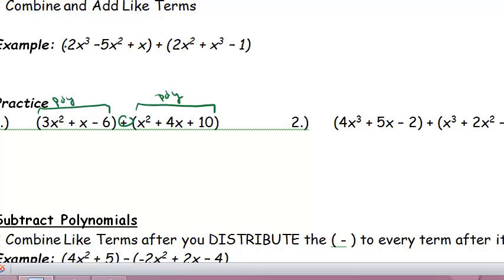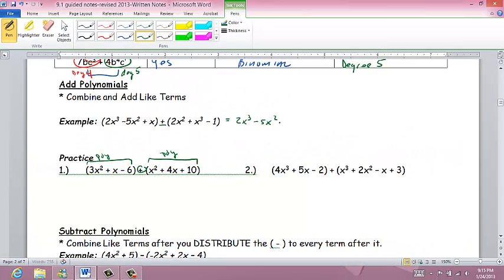So as we look above at this example, we are adding them. Once I drop the parentheses, I would get 2x to the 3rd minus 5x squared plus x plus 2x squared plus x to the 3rd minus 1.